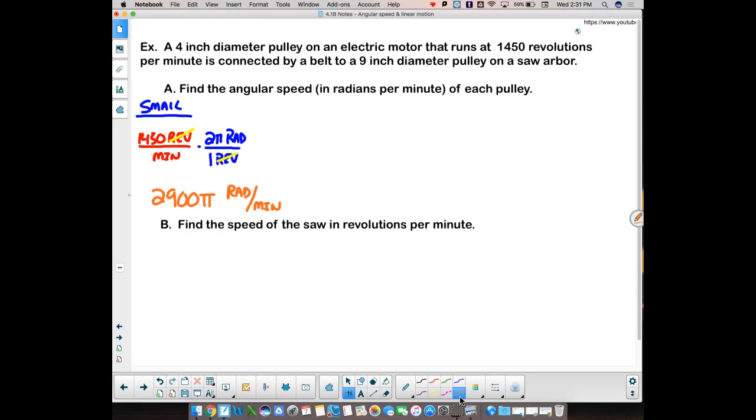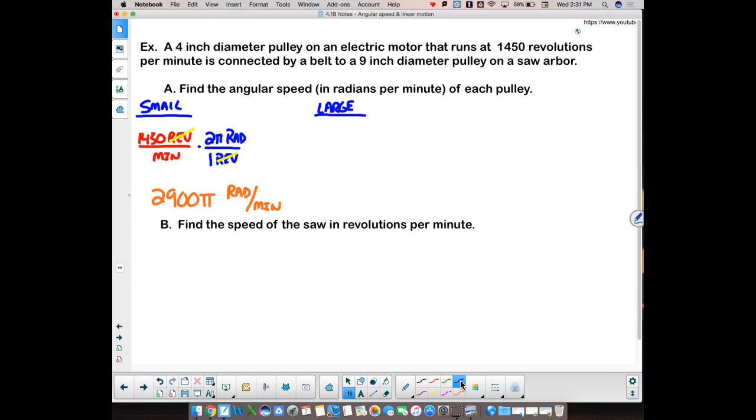Yep. Okay. All right. Now I've got to find the angular speed of the large one, or of the saw arbor. So the small one was the motor, the large one's the saw arbor.